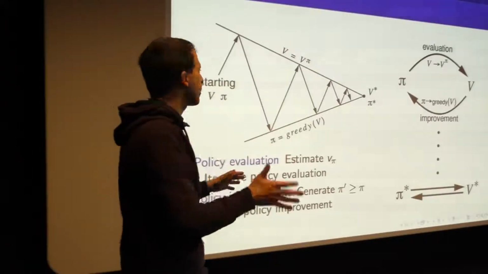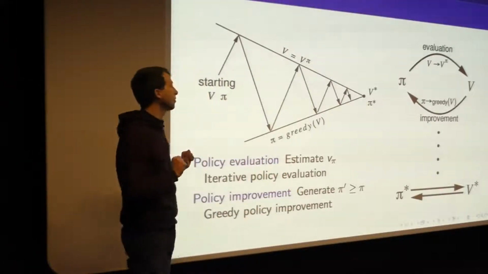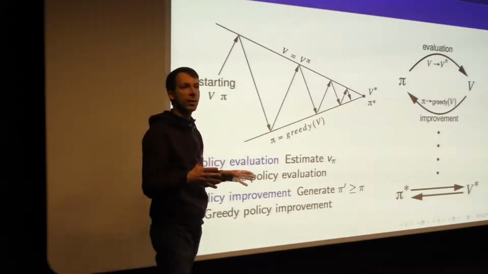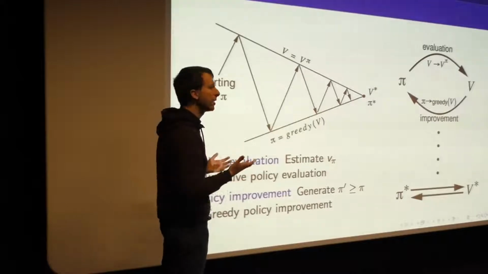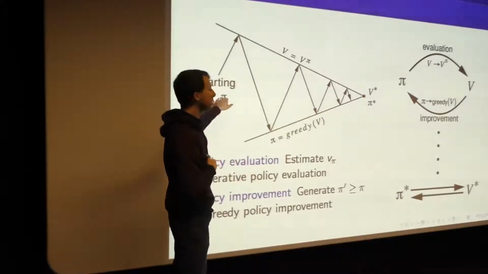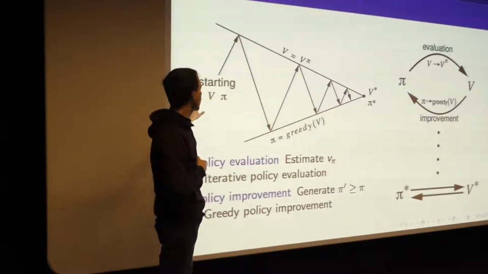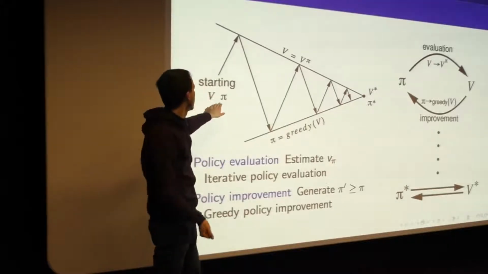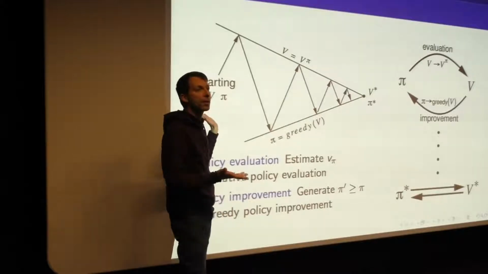Okay, so just in one picture, this is the idea that we're going to be using again and again, not just today, but in many subsequent classes as well. You start off with some inputs to this process: some arbitrary value function, like all zeros, and some policy.